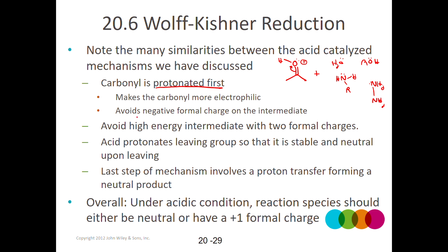Not only that, it avoids a negative formal charge on the oxygen in the immediate intermediate because it's already positive. So we're avoiding an intermediate that has two formal charges by adding the catalyst.